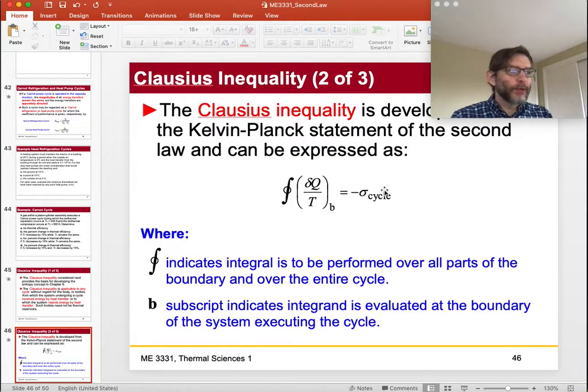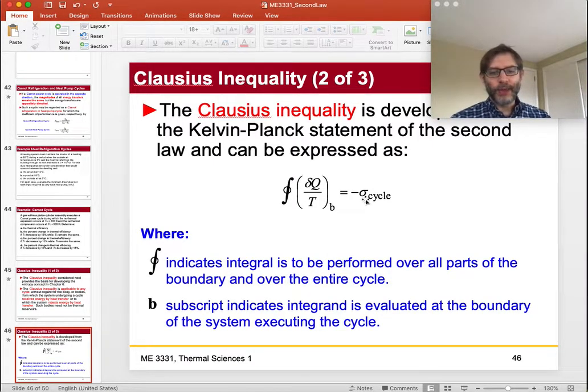So that B is a boundary over all parts of the cycle. So this has to be summed over the different parts of the cycle. So if you made this into a sum, and this means just over the course of a cycle, whatever that system is doing inside, what is the net heat that comes out, dQ, over that cycle, at what temperature does that heat transfer occur, is equal to some negative sigma.